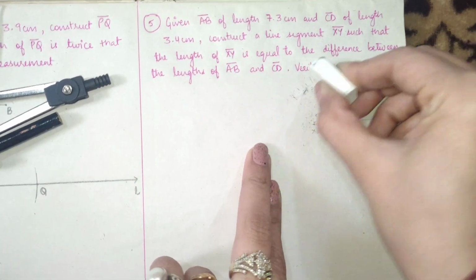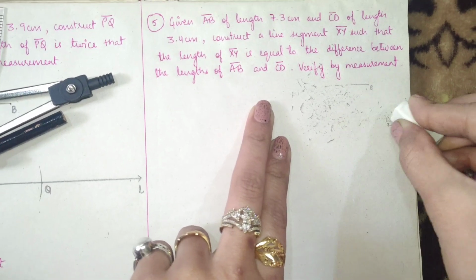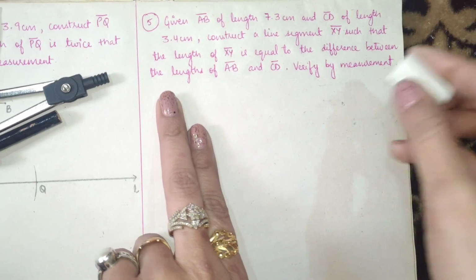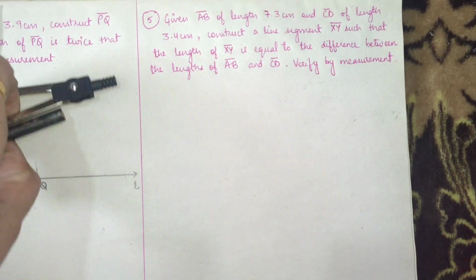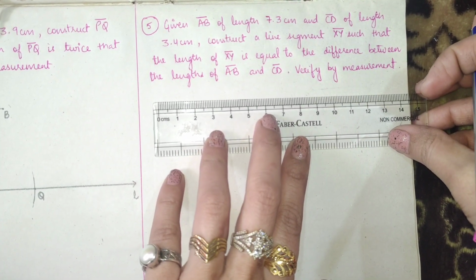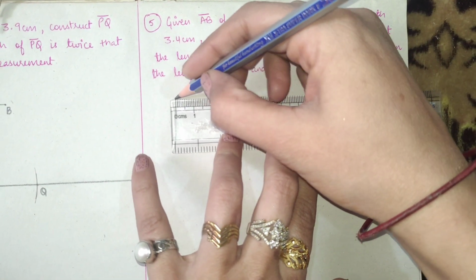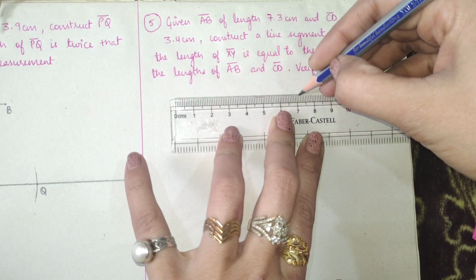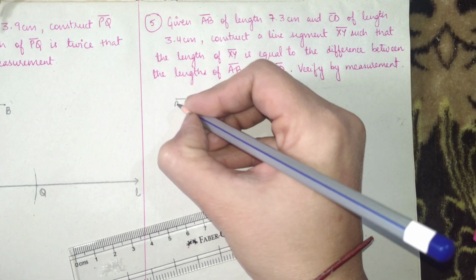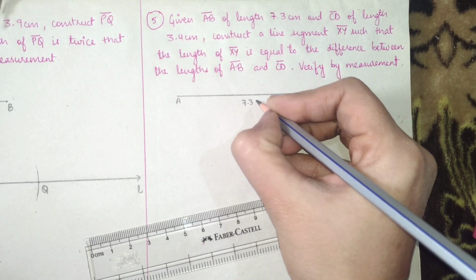Now let's do the fair work. Let's start. First we'll draw the things that we have been given, like AB of length 7.3 centimeters. So I'll just draw a line segment. This is A, this is B, and this is 7.3 centimeter.